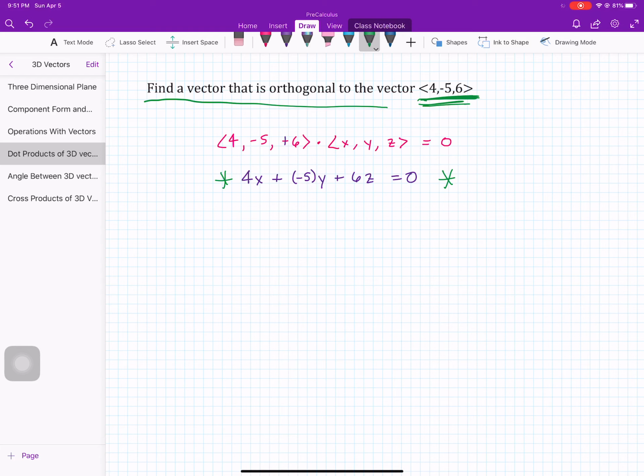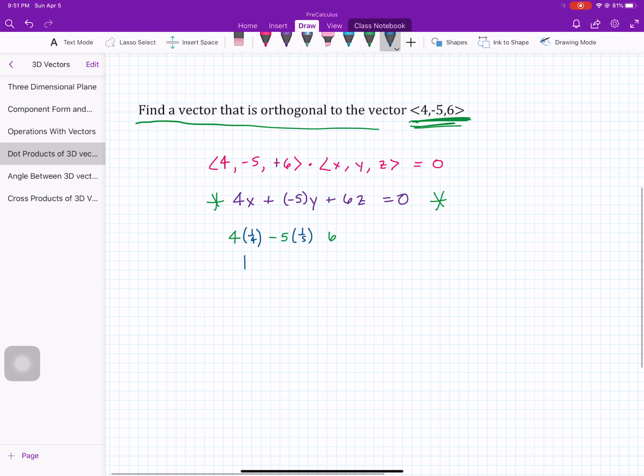What a lot of people like to do is go for ones. So if you have 4 and then -5 and 6, you could do 1/4, and you could do 1/5, so that's 1 minus 1.